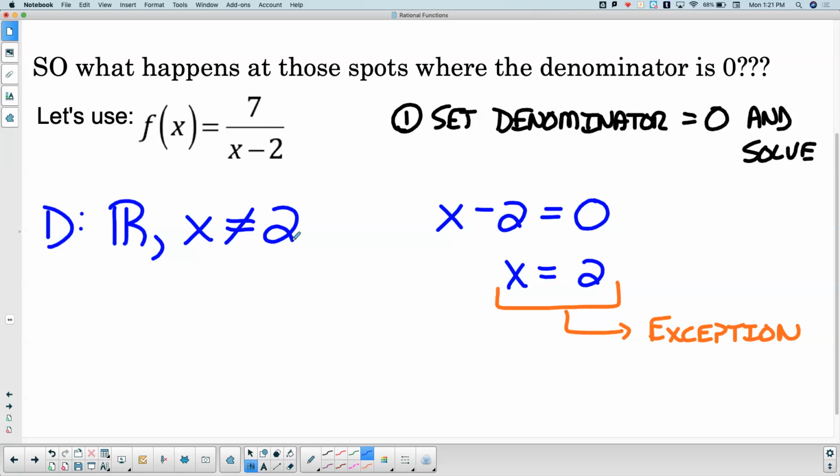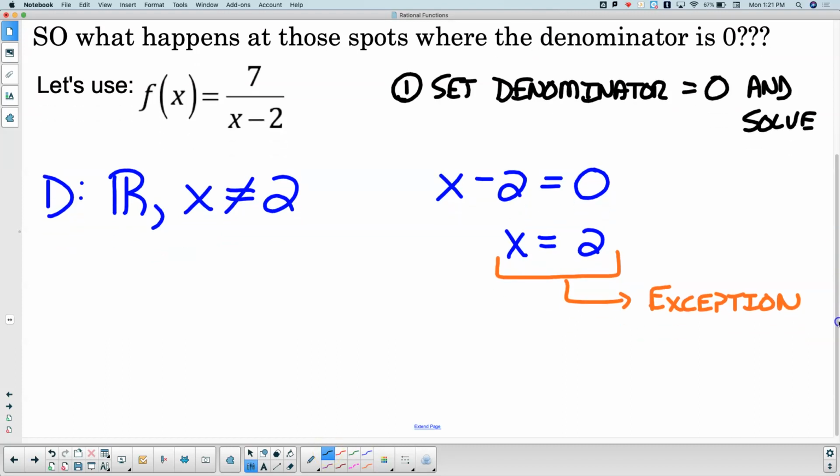What we're asking here then is what is happening with the function at x equals 2. When I try and plug 2 in, what is happening with that function? That's my question of what happens at these spots when the denominator is equal to 0.